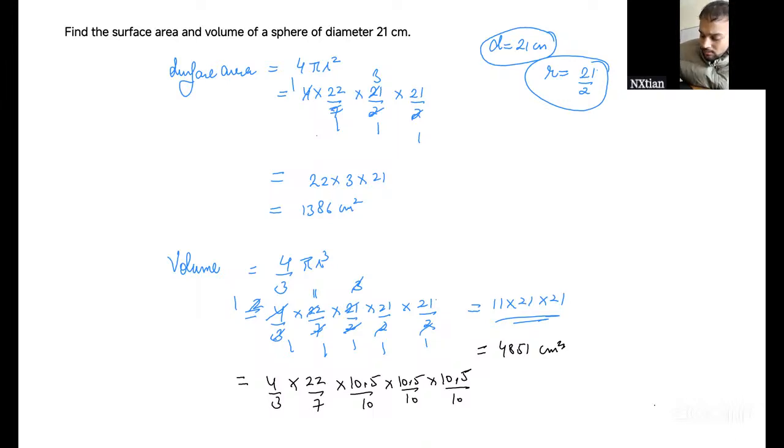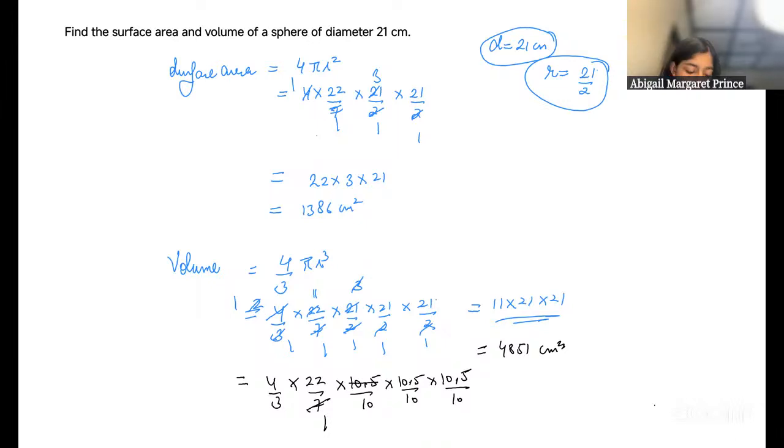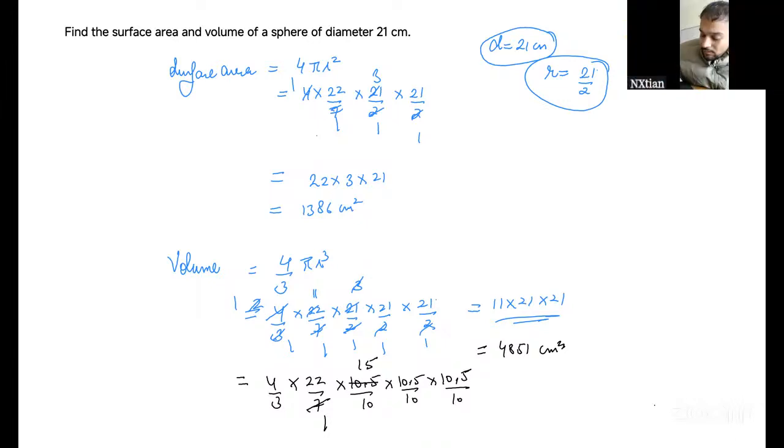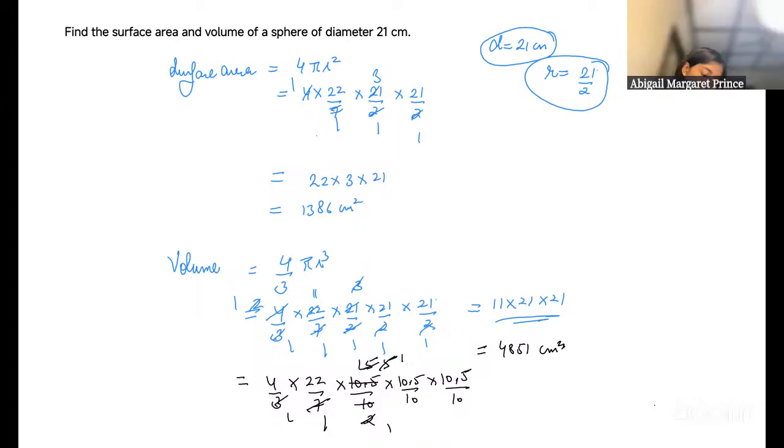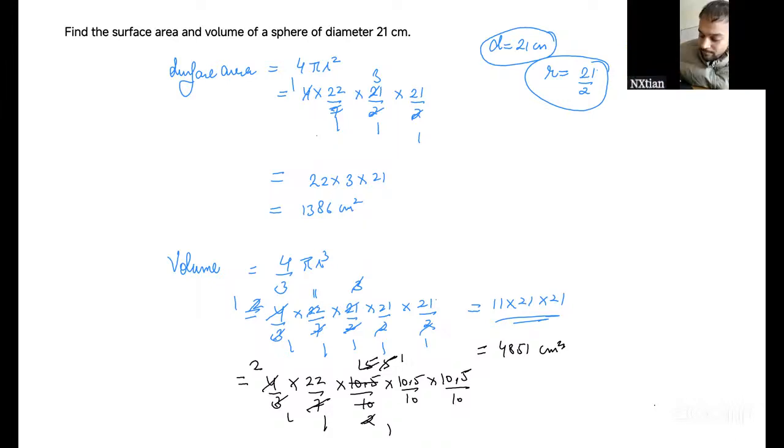Okay. So 7 ones are 7, 7 twos are 14. 3 fives are 15. Now 5 twos are 10. Understood? 2 ones are 2, 2 twos are 4.